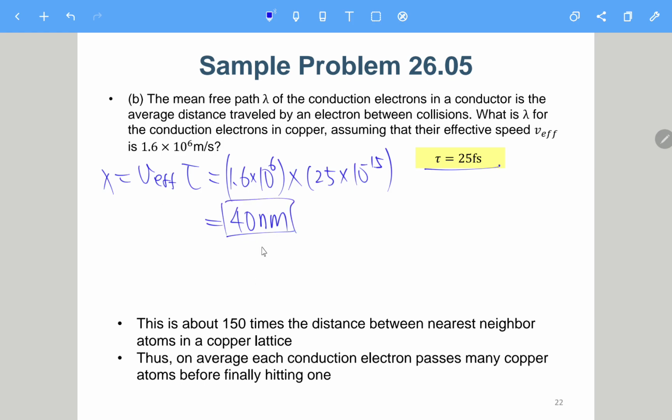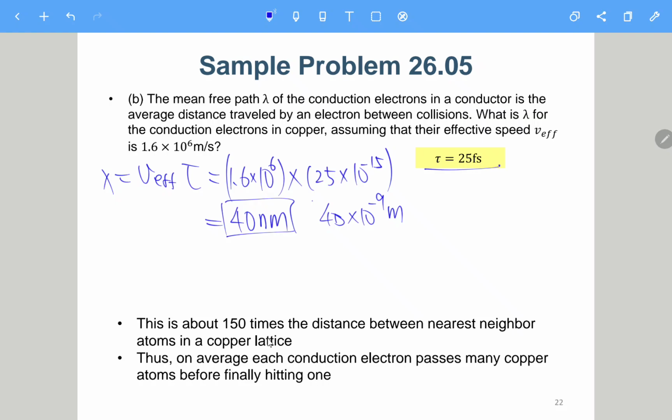This is 14 times 10 to the negative 9 meter. It looks very small, but not that small compared with the atom. It says this is about 150 times the distance between nearest neighbor atoms in the copper lattice.